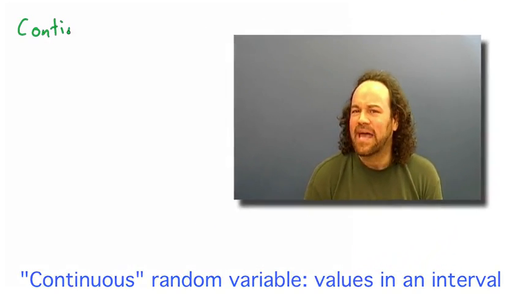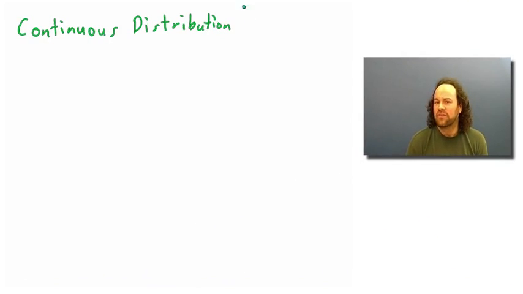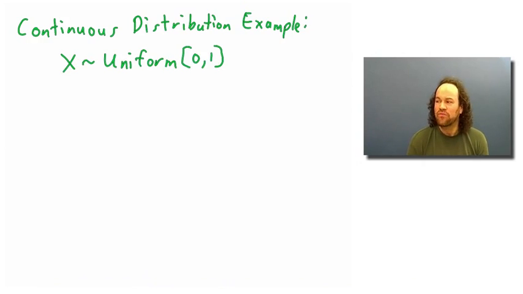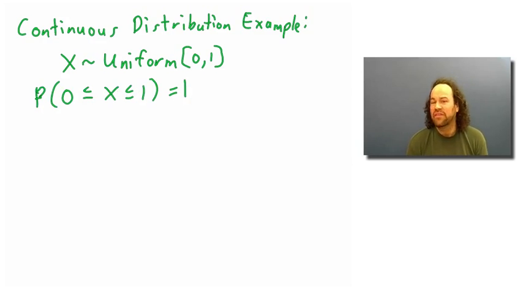The simplest example of a continuous random variable, or a continuous probability distribution, is uniform on the interval from 0 to 1. Now this means we have a random quantity which is equally likely to be anywhere in the interval 0, 1. Well, it's a little harder to pin down what this means. We can think of it in terms of the probability that this random quantity is in any interval within 0, 1.